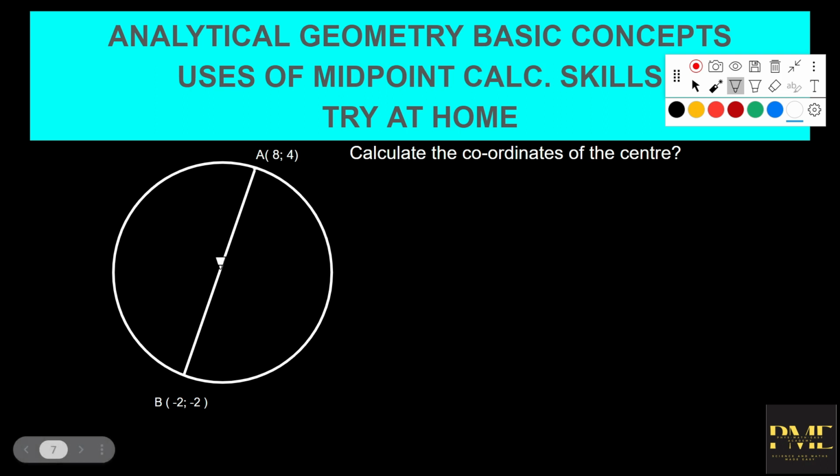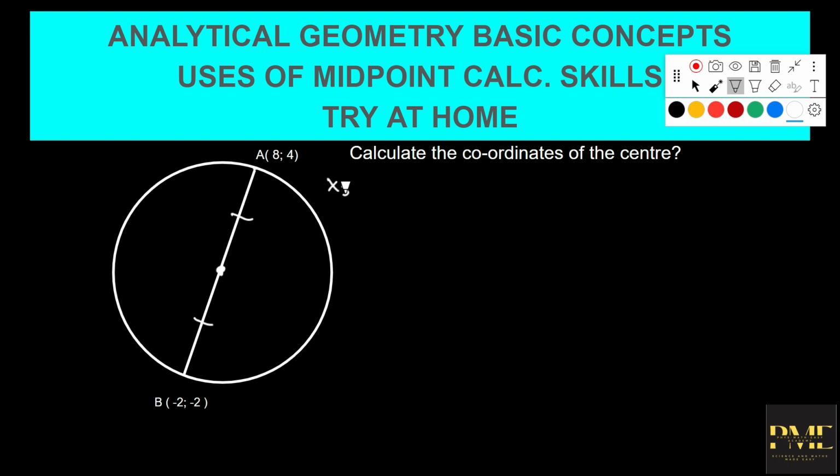So we remember that the center of any circle is the midpoint of any line drawn from one side of the circumference to the other side. That line is called a diameter. So to calculate the coordinates of the center here we're going to make use of our midpoint theorem.